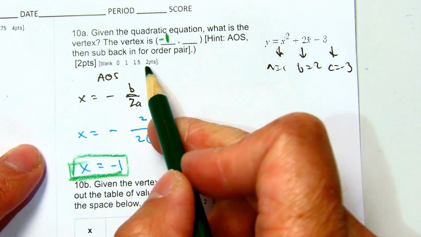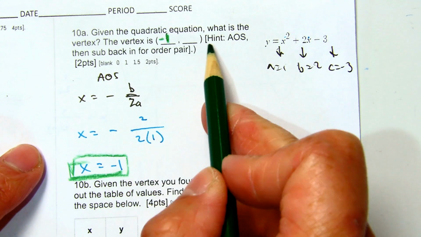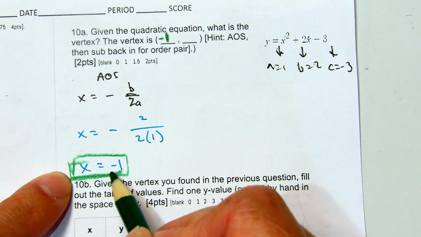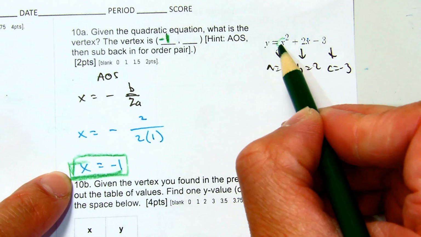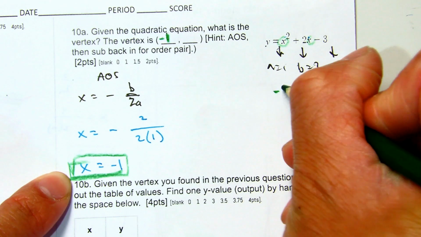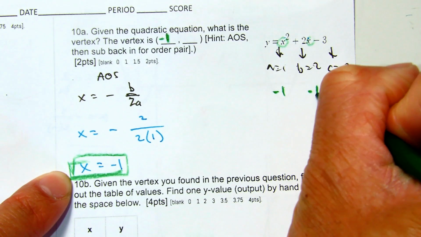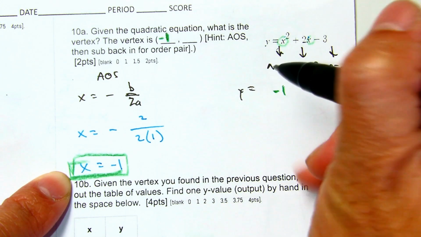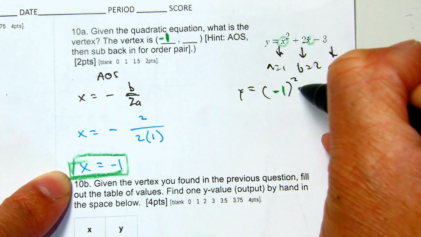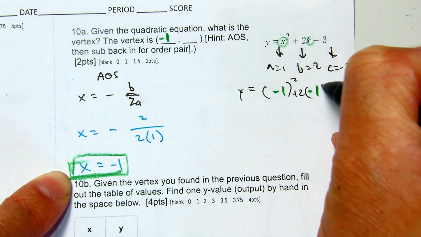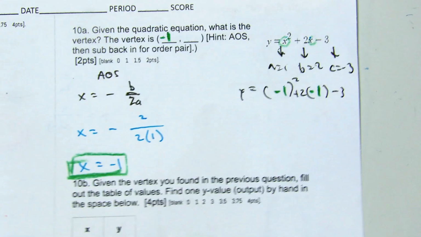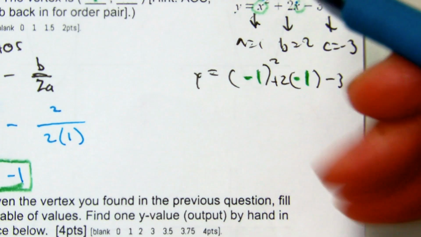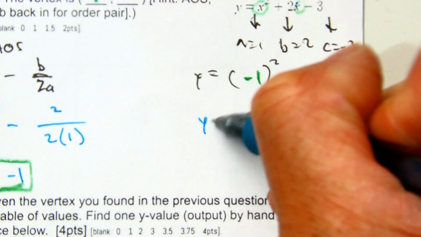To get the 2 points, you then sub it back in. So basically that means take this value and put it in for every x value. -1, -1. So y equals -1 squared plus 2 times -1 minus 3. -1 times -1 is +1.